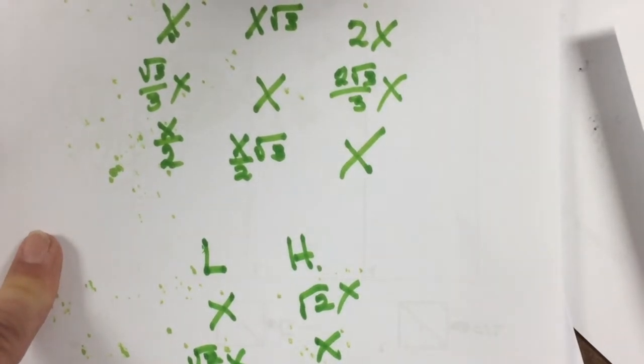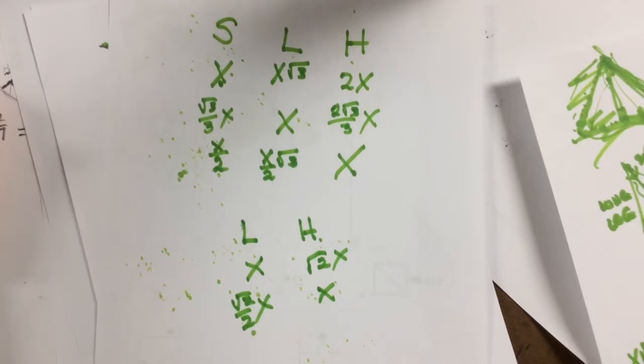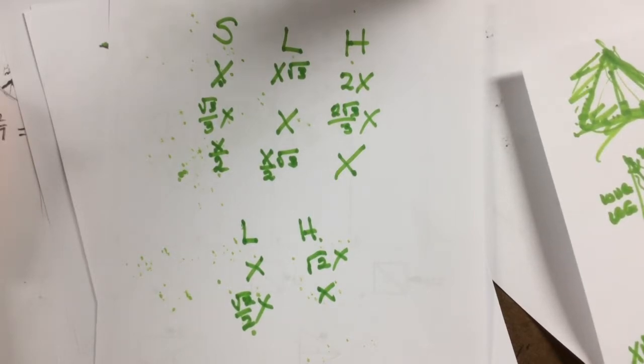This does not take up a whole lot of room on a resource page, but it means that if you have this on your resource page, when you get a special right triangle problem, all you have to do is say, question 1, is this 45, 45, 90, or is this 30, 60, 90?